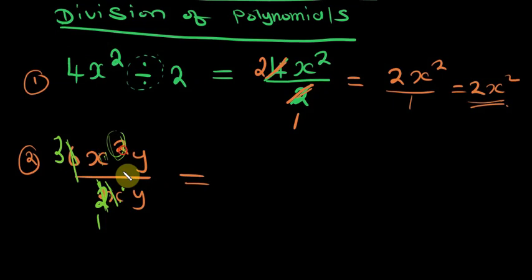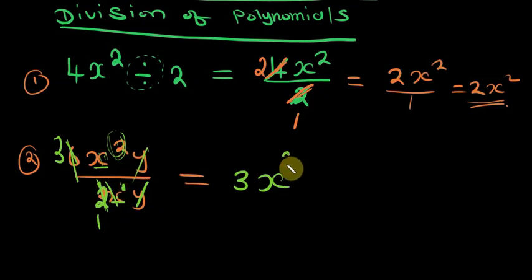Then we subtract the powers. Y and y cancel one another out. Then we'll have something like 3x. If we are dividing and the bases are the same, x and x, we subtract the powers of the same bases.